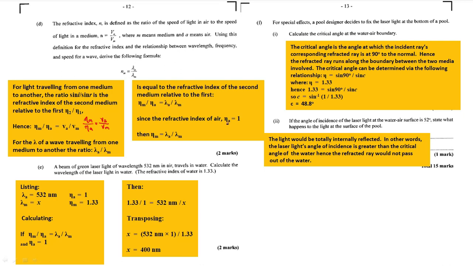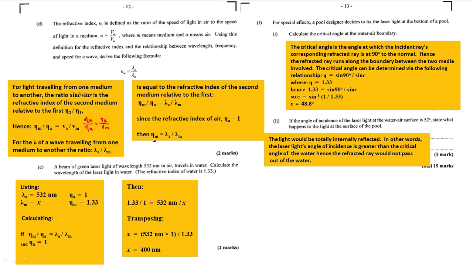And we know the refractive index of air is actually 1. So given that, we could just ignore the refractive index of air, because anything divided by 1 will give you back that value.